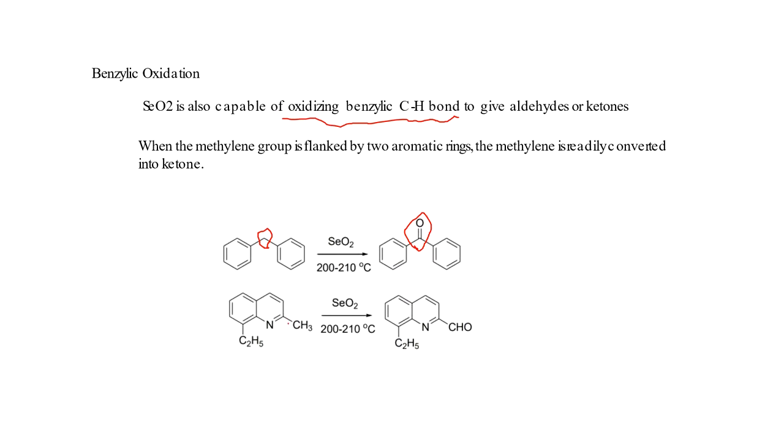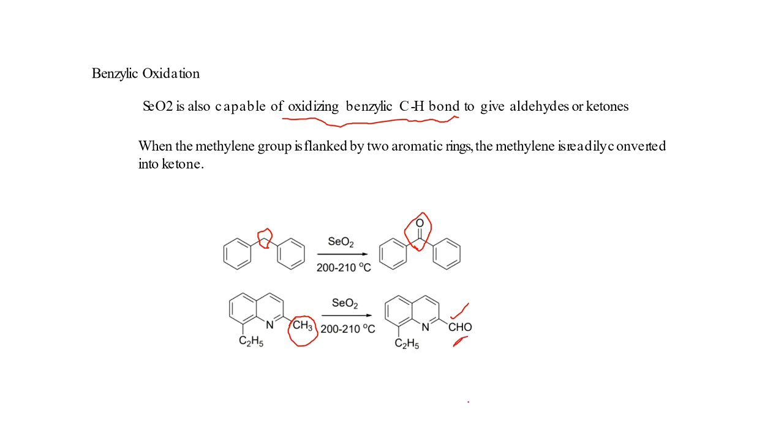Similarly, in the second example, the CH2 group next to this ring gets oxidized to carbonyl group, and hence this aldehyde is formed. Here this CH2 group is similar to benzylic CH2 group that gets oxidized to carbonyl group, and hence this aldehyde is formed.